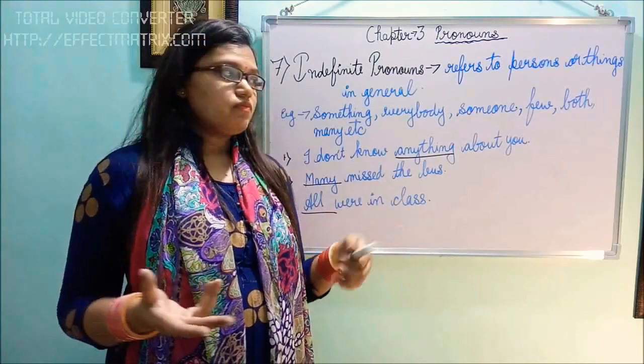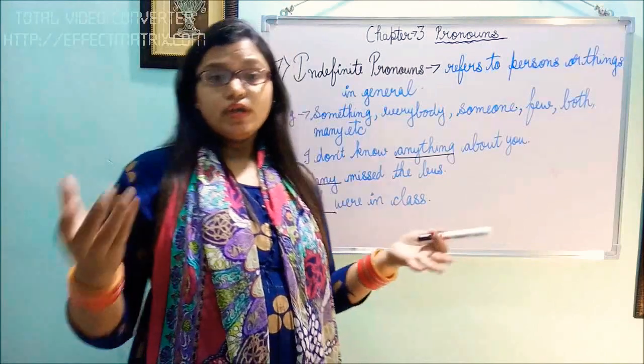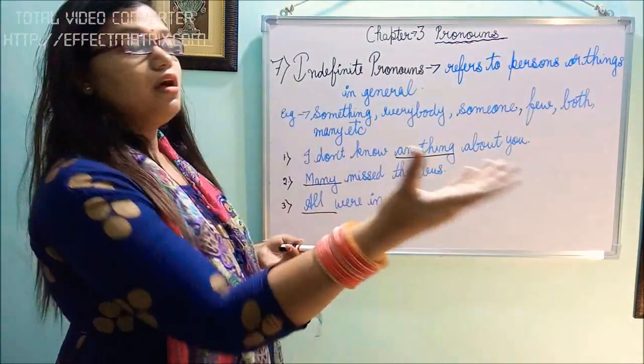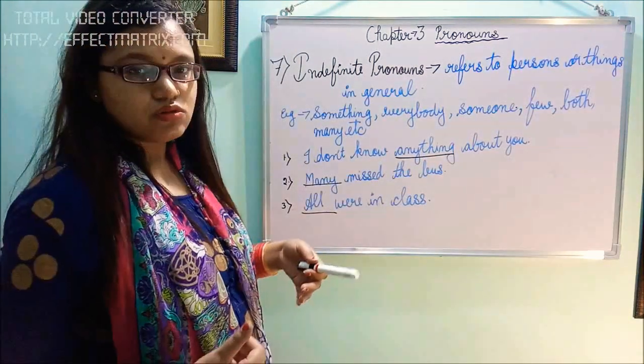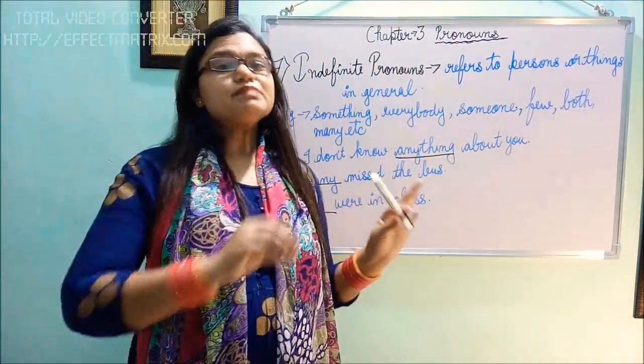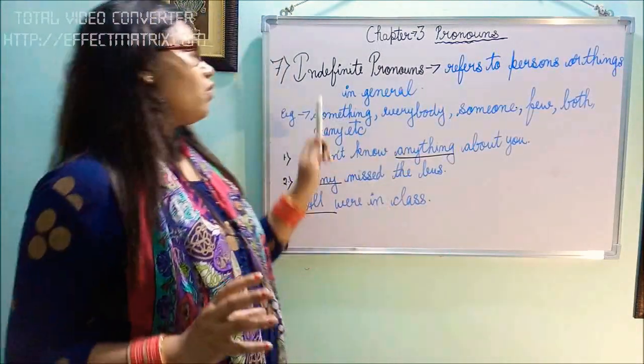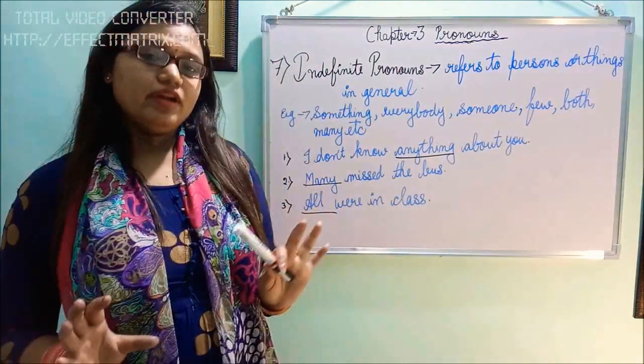Someone can be a girl, someone can be a boy. Few can contain male, female also. So these words which are not showing the specification of things or the person are called indefinite pronouns.